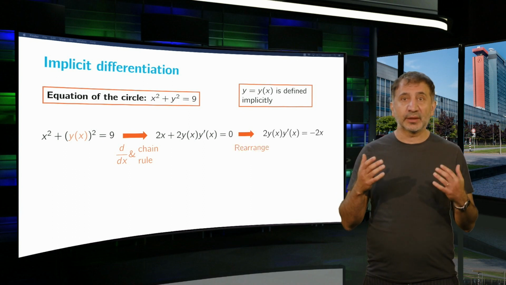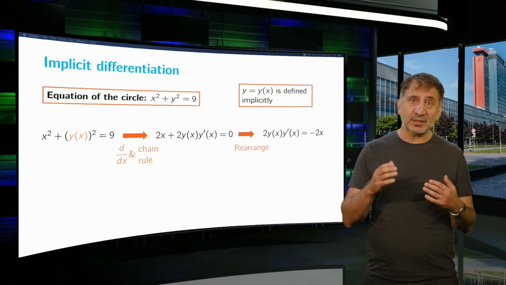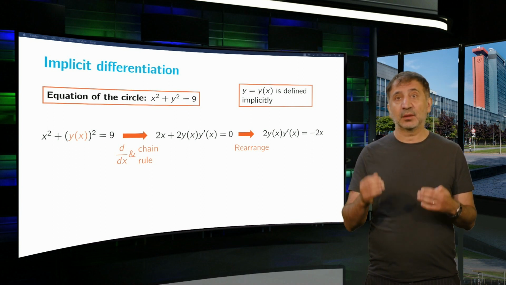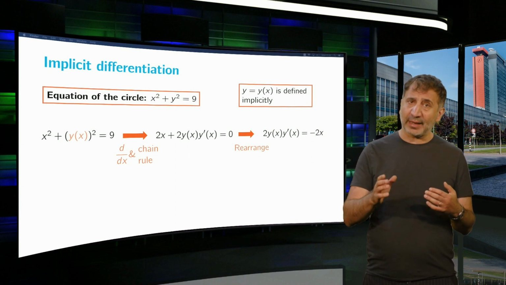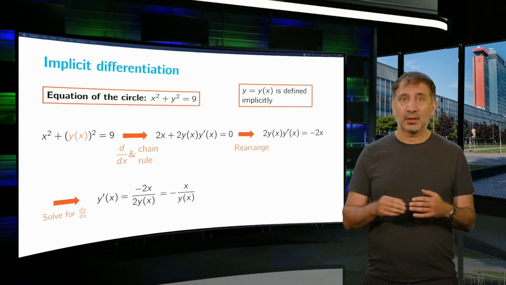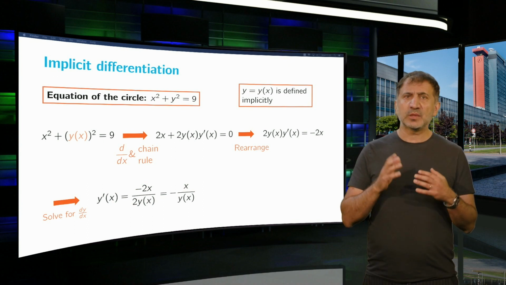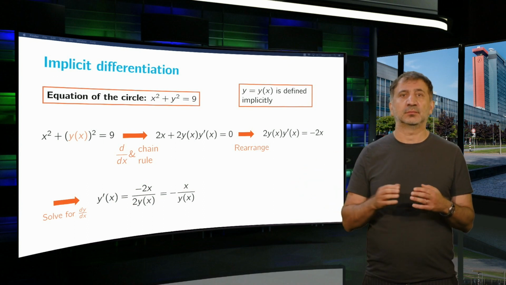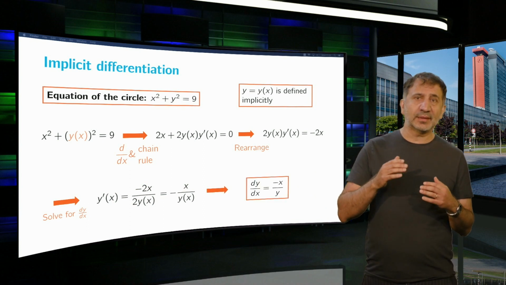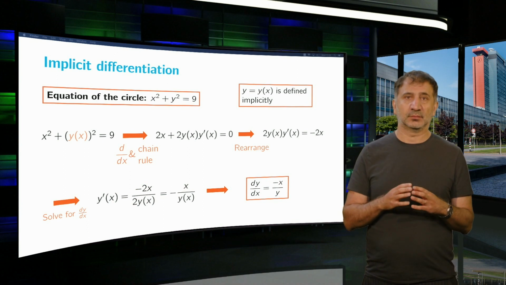Now we will rearrange things a little bit. We get that 2 times y of x times y prime of x equals minus 2 times x. We obtain that y prime of x equals minus 2 times x over 2 times y, which equals minus x over y. We can also write this as dy dx is equal to minus x over y.